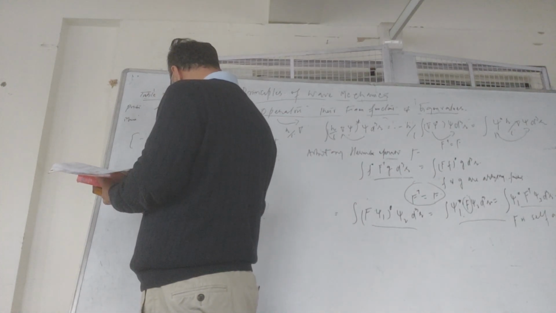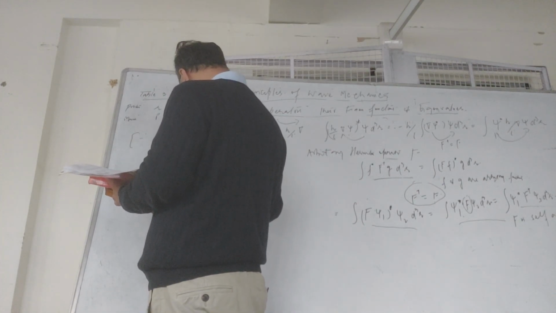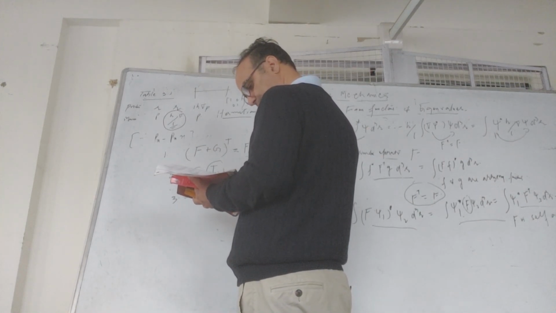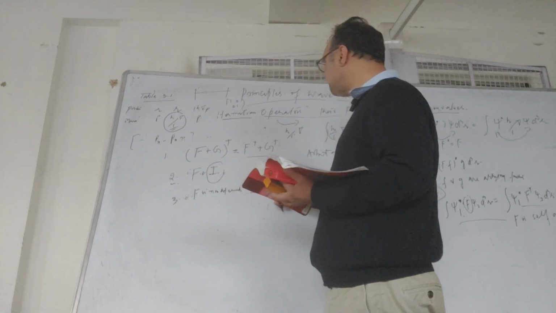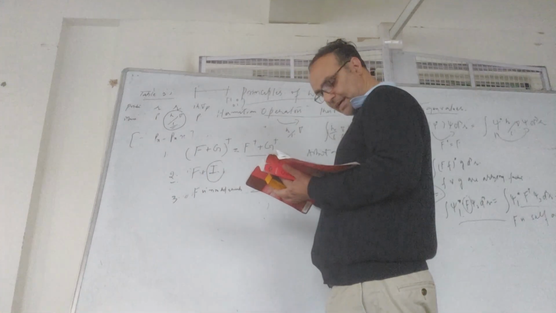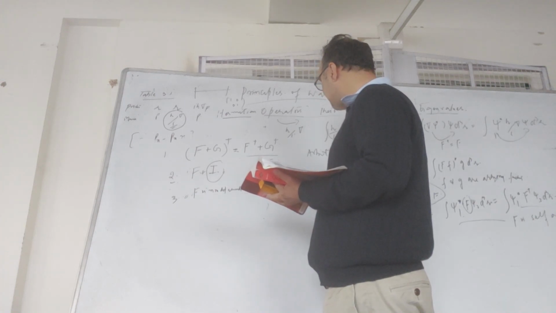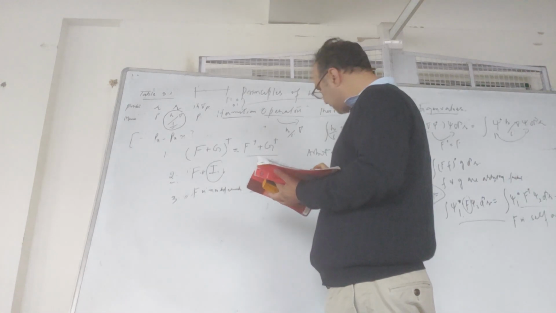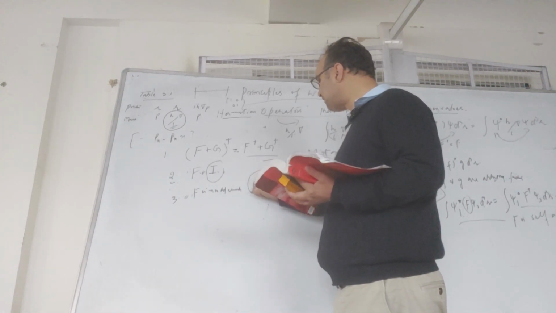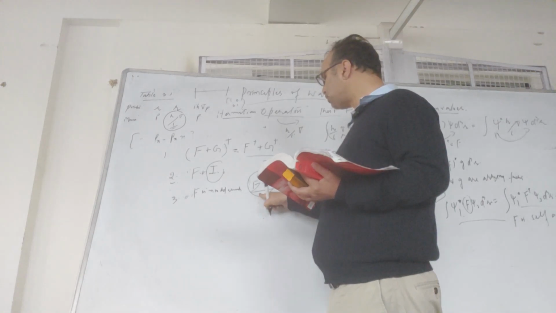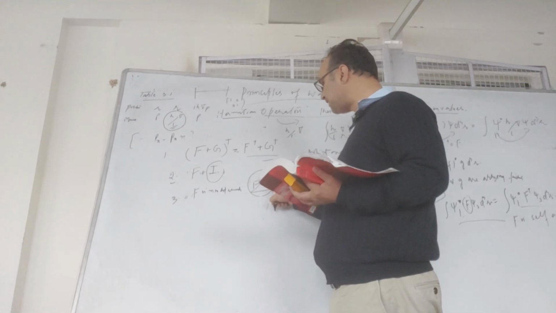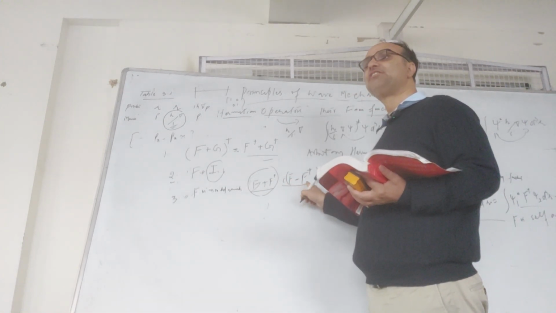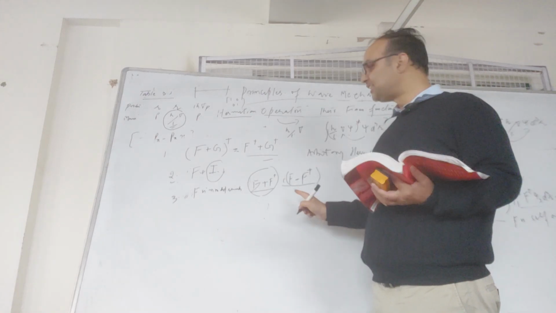If F is non-Hermitian, then F plus F dagger is Hermitian, and iota times F minus F dagger is Hermitian. If F is not Hermitian, you can always construct a Hermitian operator from it by multiplying by this. What does this tell us?